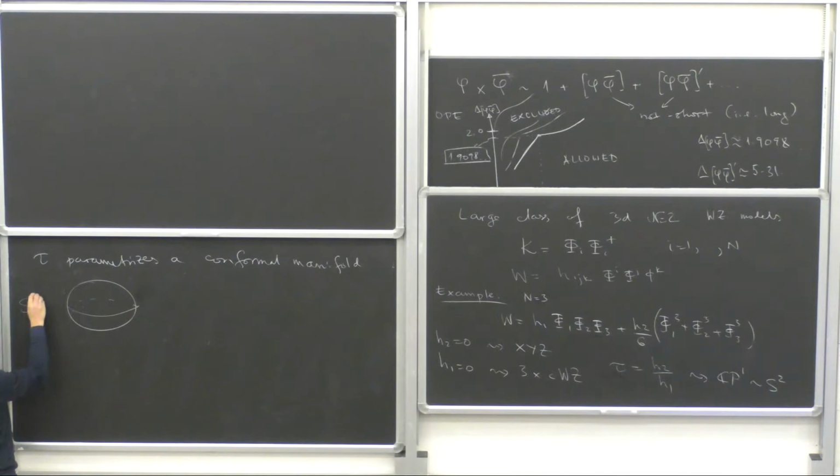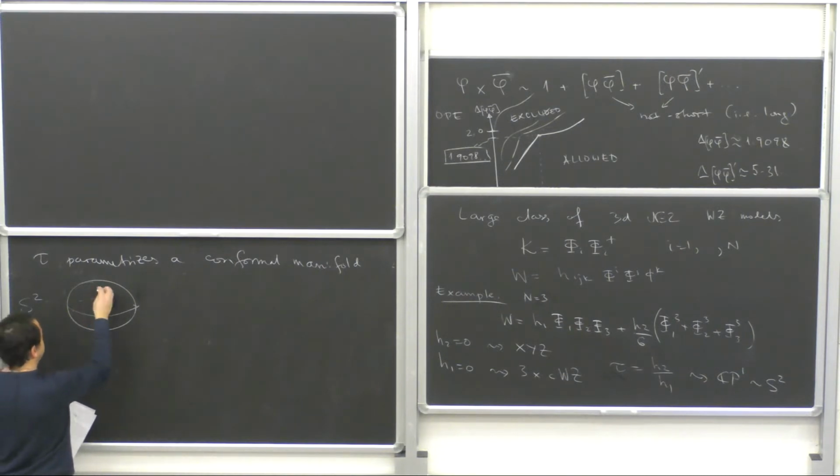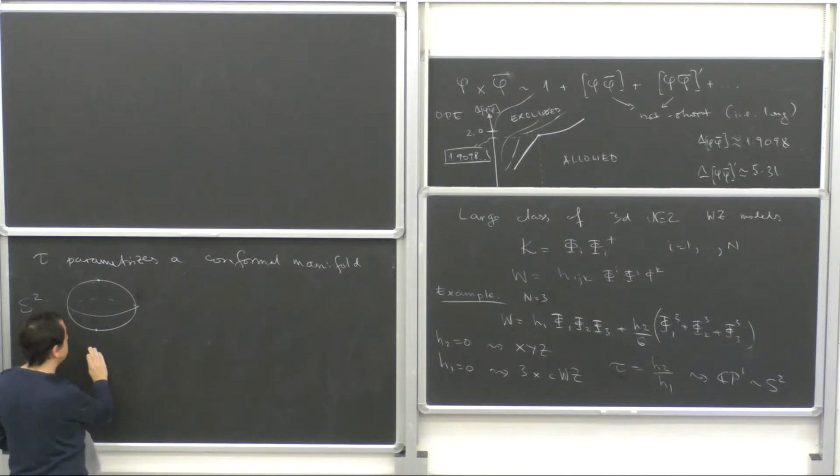Anyway, so that's how a sphere should look, and tau is a complex coordinate on the sphere. As you vary the point on the sphere, you change the CFT, and roughly speaking, in one parametrization of coordinates, this is the North Pole and this is the South Pole.